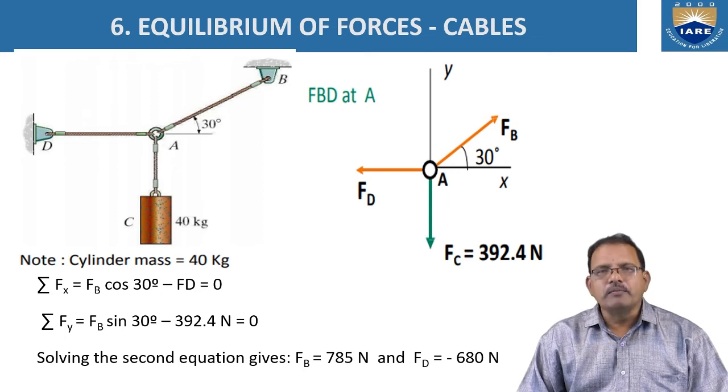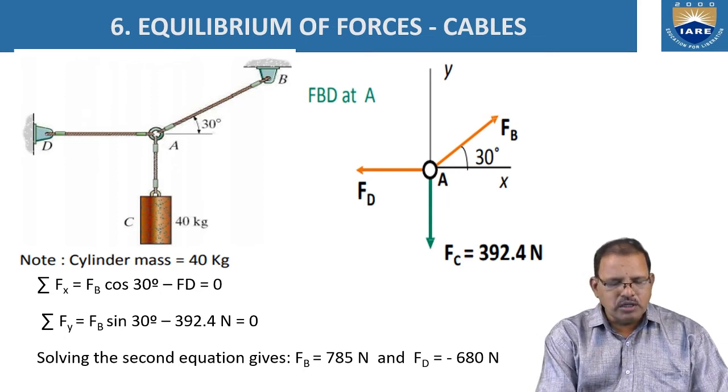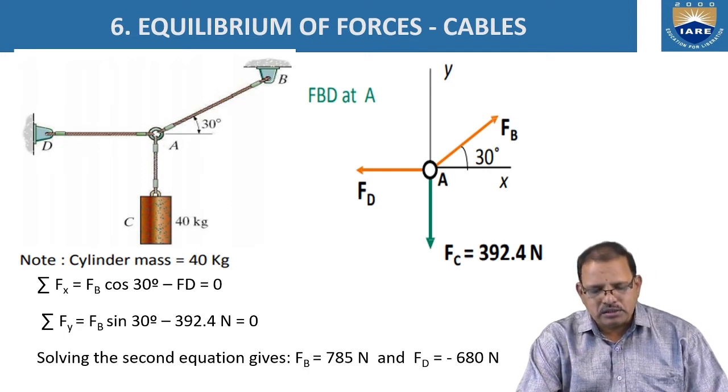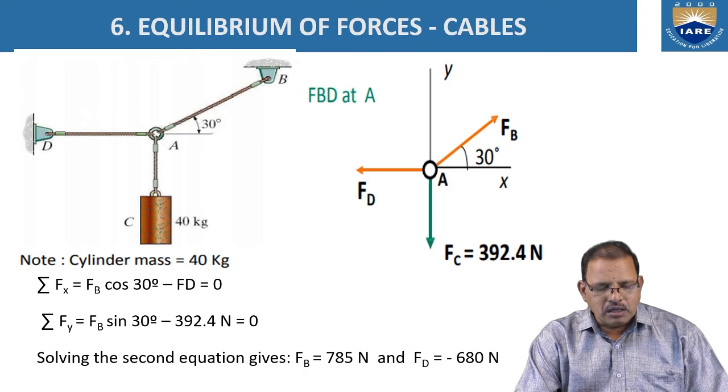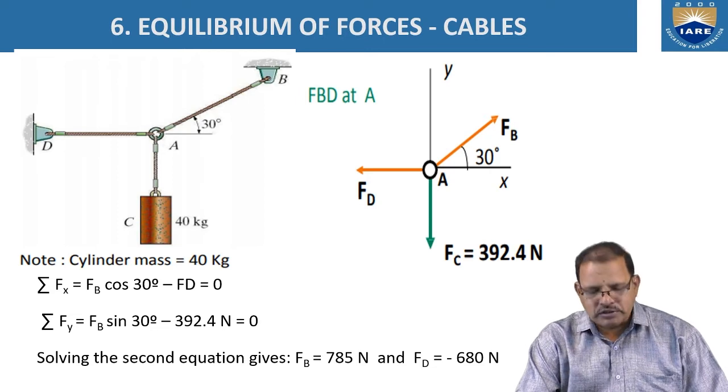So the free body diagram is drawn in the second case. Here O is the point of intersection where the forces are concurrent. The reaction in a string is always with respect to the reference point, which is point A we have taken.